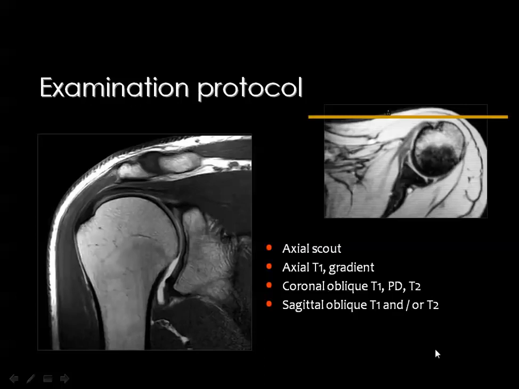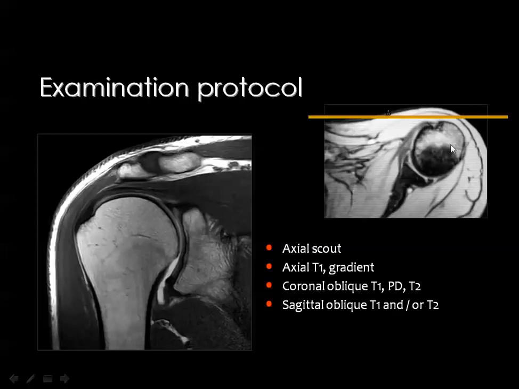Then what do we mean by coronal oblique and sagittal oblique? First of all, we have the axial images, and the axial image is usually similar to an ice cream cone, considering that the humeral head represents the ice cream ball, and the glenoid part of the scapula is similar to the cone.